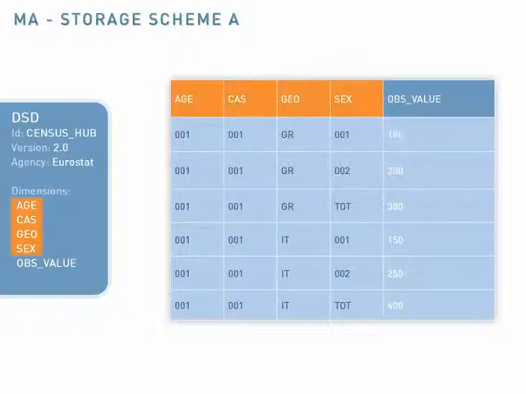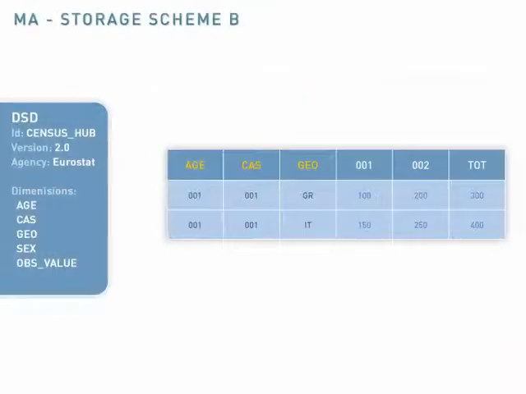The SDMX concepts are represented as columns of the local data tables. Thus, there is a direct mapping between local concepts and SDMX concepts. In the storage scheme B, besides the concept mapping, the codes of one SDMX concept are mapped to local concepts.